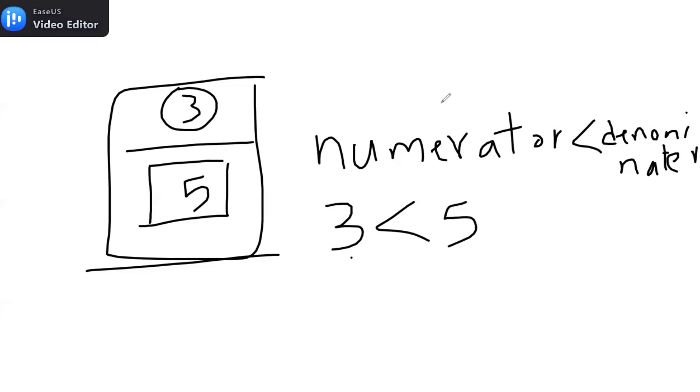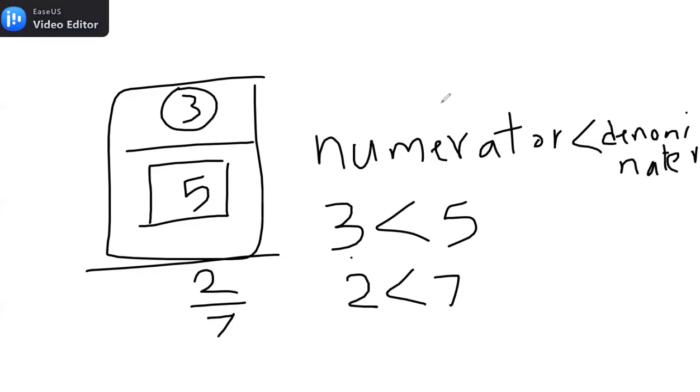What about this one? Is it a proper fraction? Yes. Why? Because numerator 2 is less than denominator 7. Excellent.